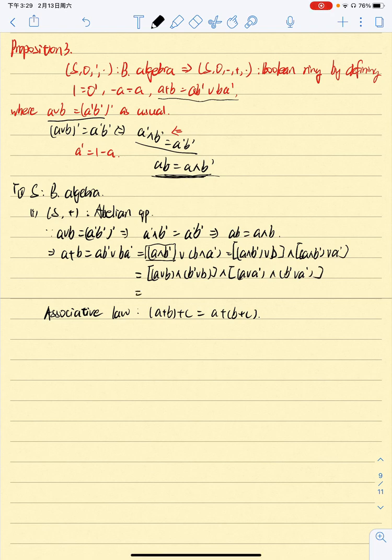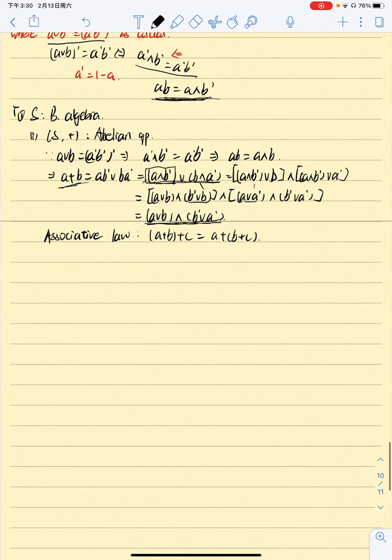Here this is 1, 1. So here A or B and B prime or A prime. Okay, so A plus B not only can be written as this form, but also can be written as this form. Okay, these two forms are very important.